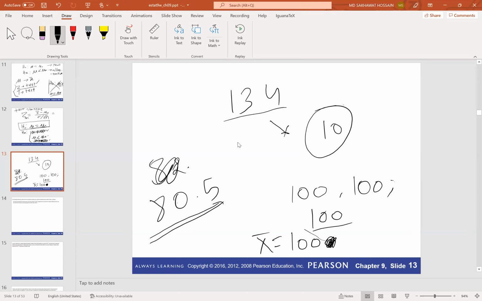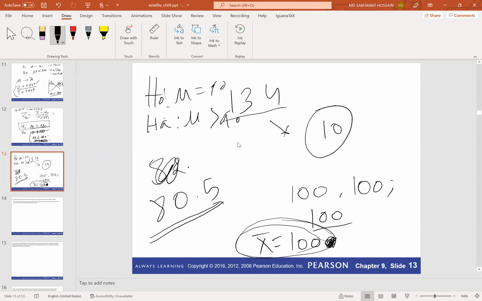Now, based on this sample average, suppose we want to test whether the class average is above 90. Based on this sample, our decision will be to reject the null, because our data supports mu being greater than 90.